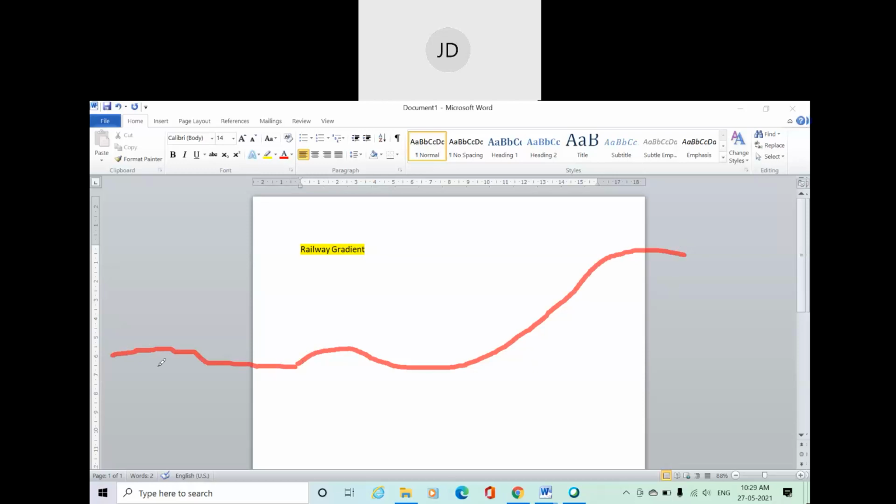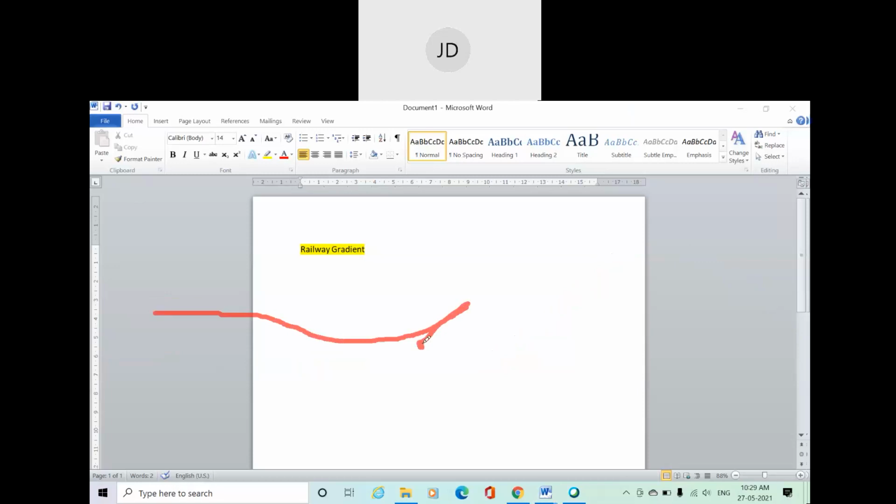Before that you have to fix the railway alignment.